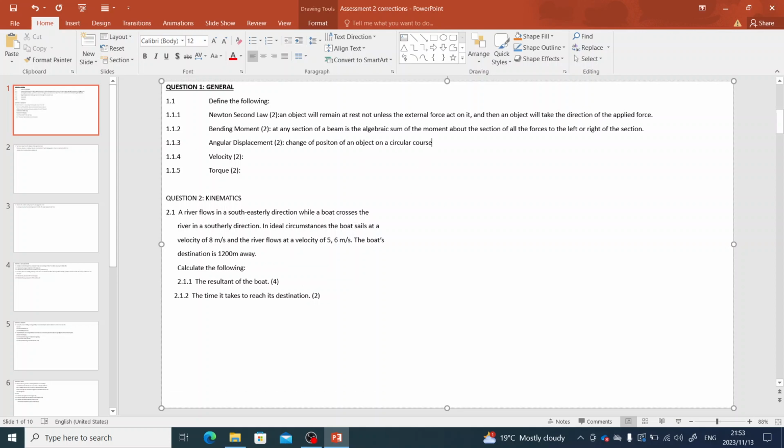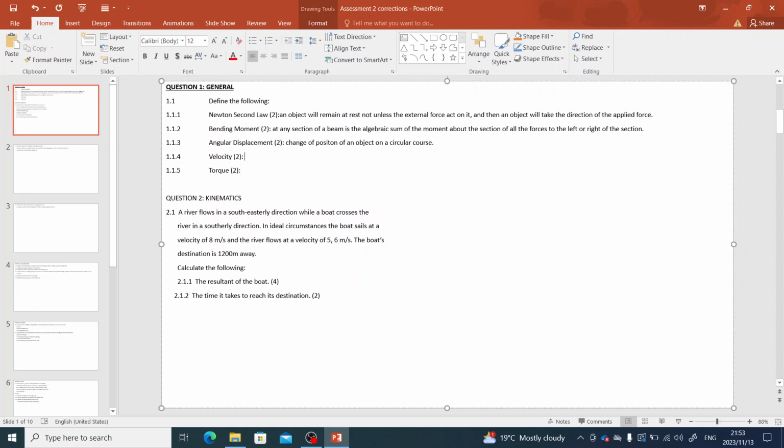This is how you're supposed to have defined your angular displacement. Like I said, the angular indicates for you that it is motion taking place on the circular course. If you are defining linear displacement, you would have stated it as the change of position from point A to point B on a straight line. The linear definition and the angular one are the same thing; the difference is the circular course.